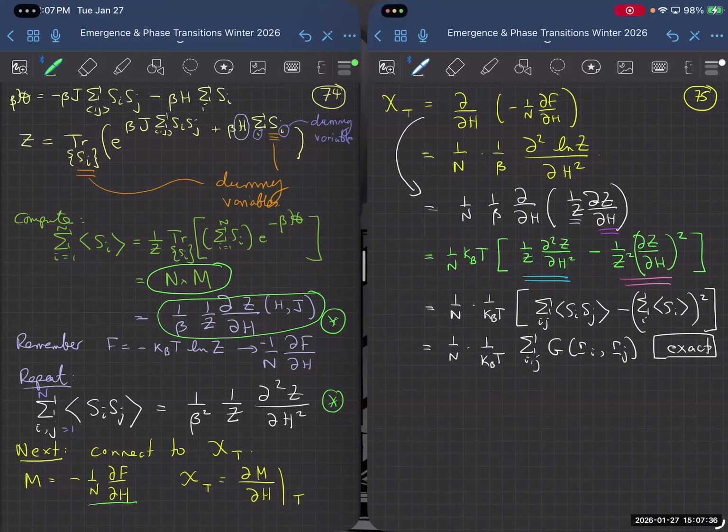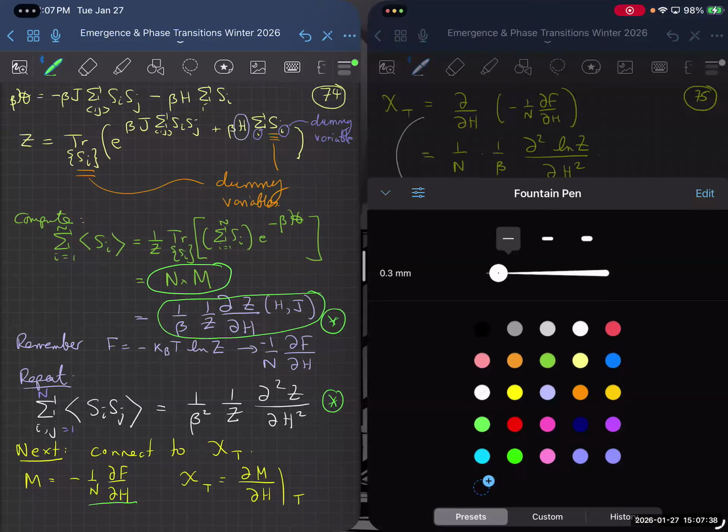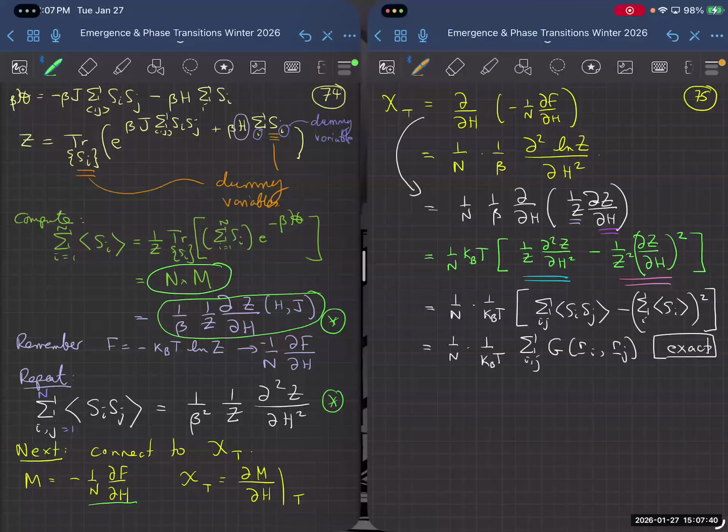So that's true. So what? Well, let's suppose now that we're in thermal equilibrium. So that means that I'm sampling over all possible configurations of the system. The spins are all fluctuating like this, and I'm computing these averages from the Boltzmann distribution. There's no preferred point in the system. The system is translationally invariant.